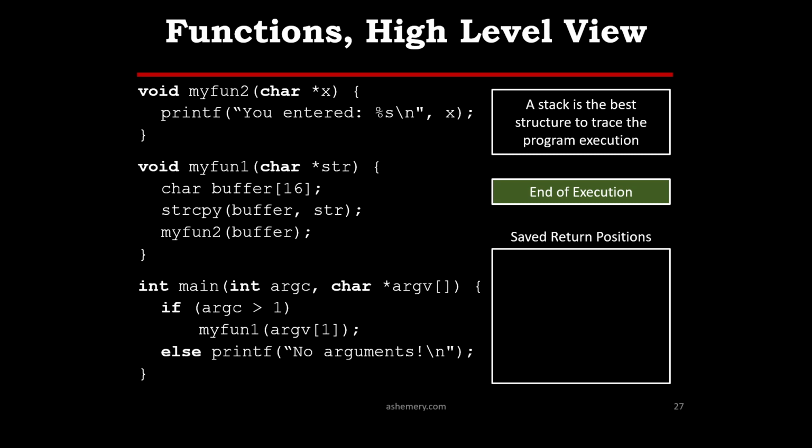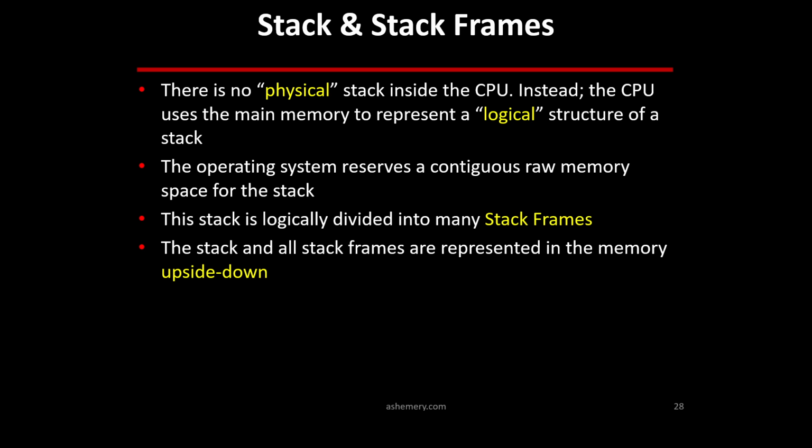Now we can understand how the stack was used to make sure that once I go to another function, I know how I can go back to where I was before I went there. And the same thing when I go to that function, I know how I can go back to the previous function, and so on and so forth until the program ends its execution, like you can see here, end of execution.